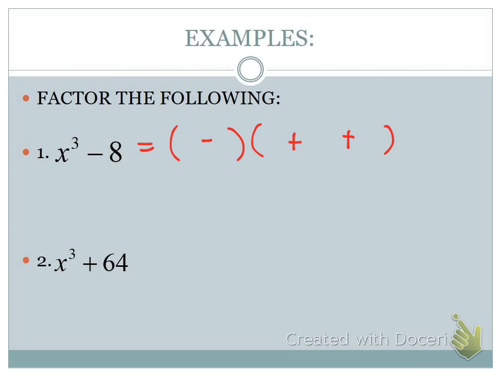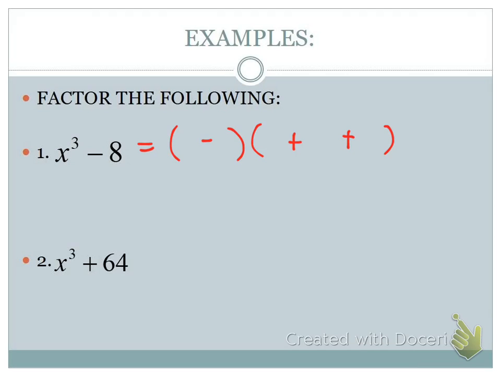Now, when we were doing the difference of squares, we square rooted to figure out what our terms were. In this case, we're not just squaring, we're cubing. So we're going to have to take the cube root, which is a little bit harder. For the x cubed, it shouldn't be so bad. What do you think the cube root of x cubed is?